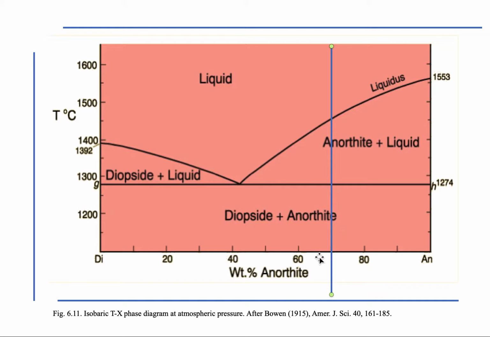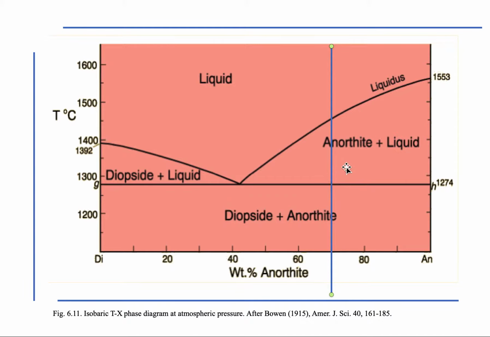So let's take a system here where the composition is 70% anorthite or 30 weight percent diopside. So if we take this system and melt it completely, we would have a liquid at some temperature up here. As we cool the system, we would follow the system down. Let's just track the entire history qualitatively. We'll hit the liquidus, then we'll enter this anorthite plus liquid field here.